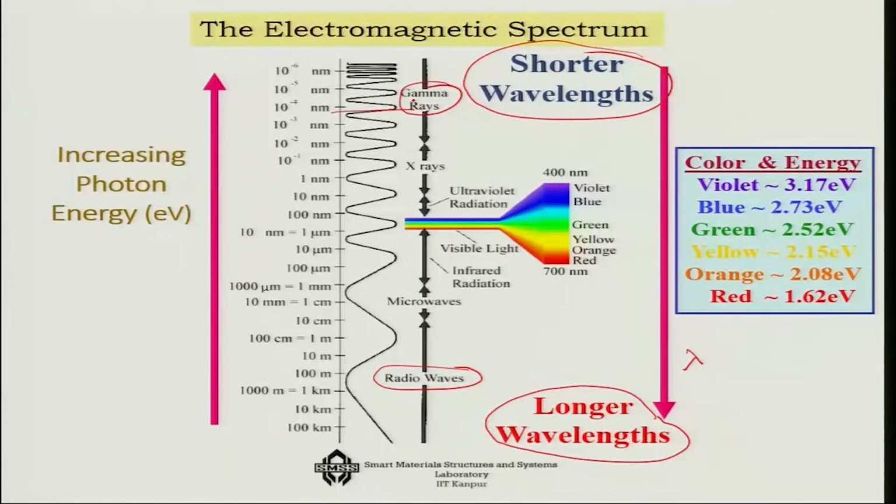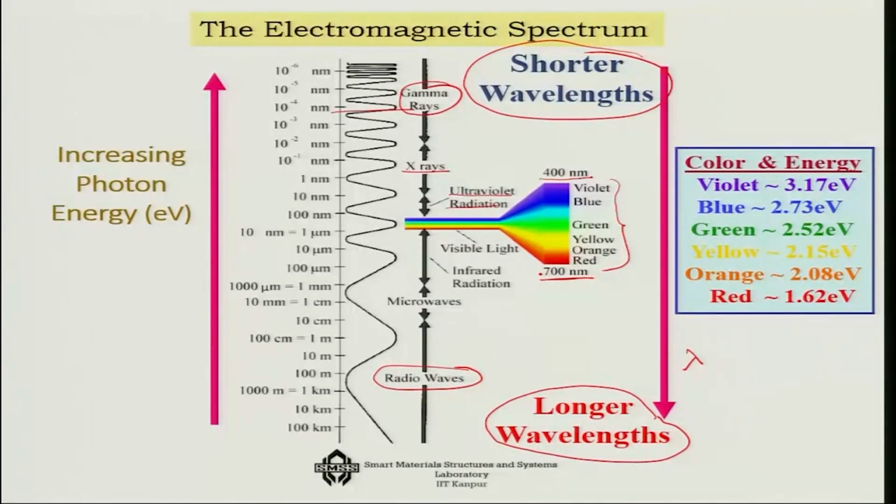Then there are X-rays, and then from X-ray when the wavelength further increases, we come somewhere in between. You have the ultraviolet radiations, and then we have the entire visible part of the light. In that visible light, where exactly our eyes are also very sensitive, it starts from 400 nanometer of wavelength and ends at 700 nanometer of wavelength.